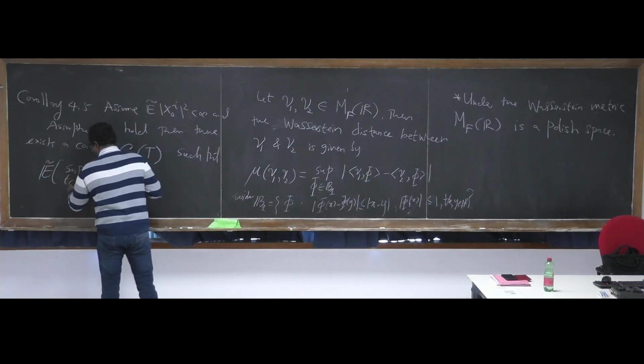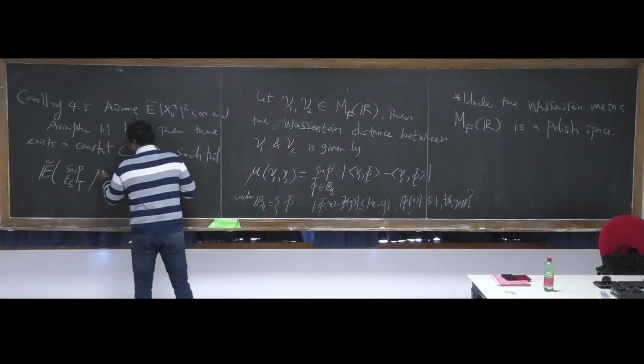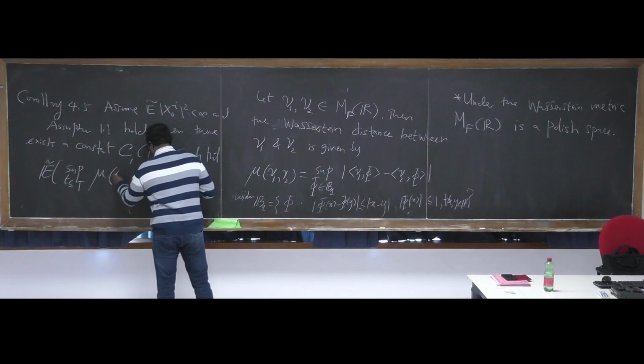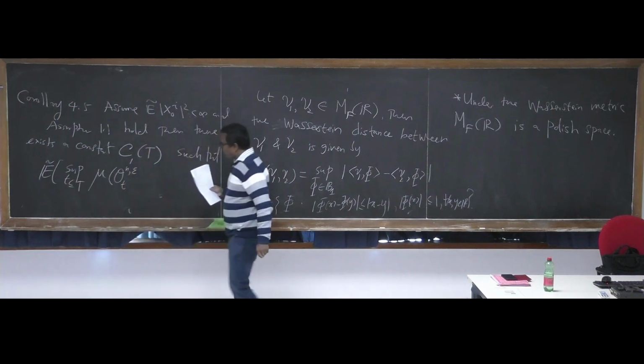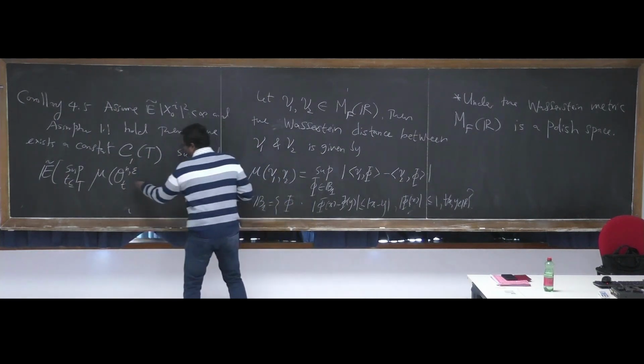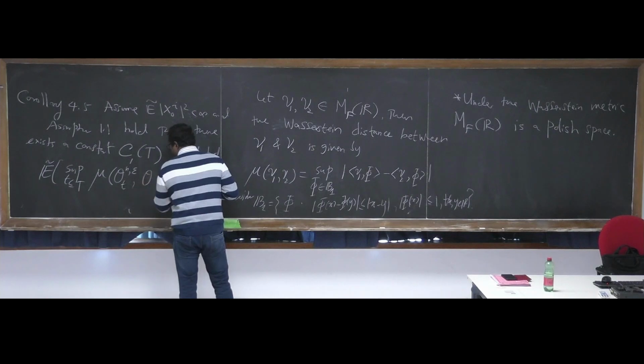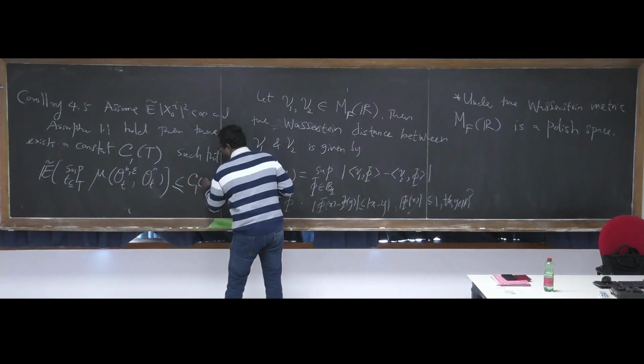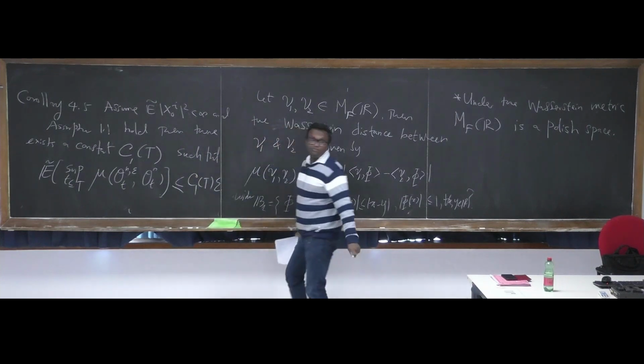Supremum over t of the Wasserstein distance between the empirical measure associated with the discretized version and the empirical measure associated with the finite interacting particle system is bounded by C1 times epsilon.